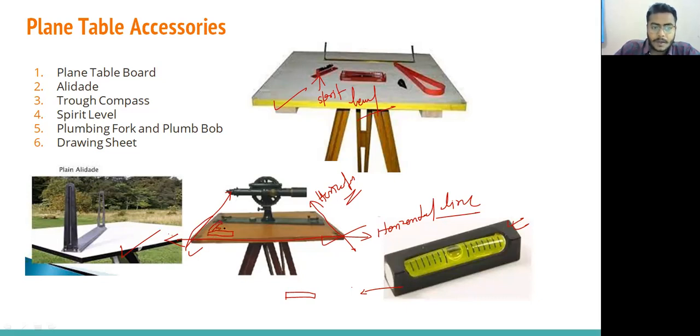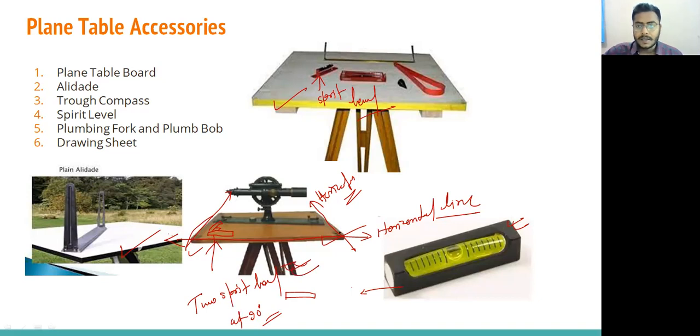That means we will keep two spirit levels at 90 degrees. Using the tripod, we will set the level so that the bubble is at the center in both spirit levels, right? Once the bubble in both spirit levels is at the center, we can say leveling is done.